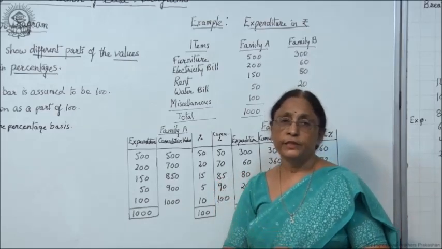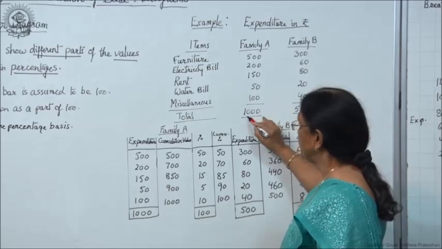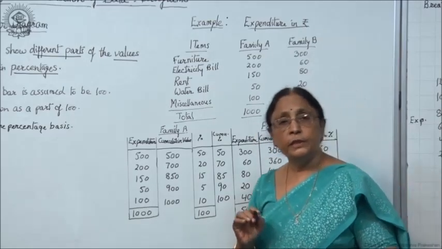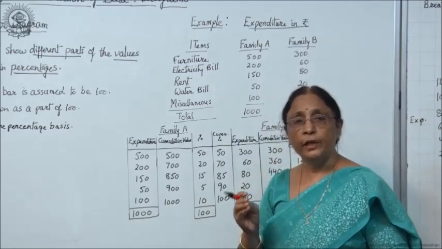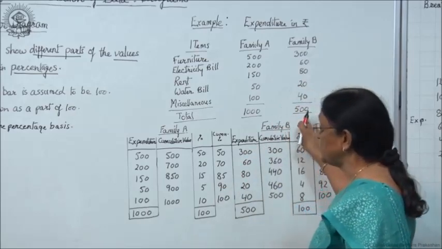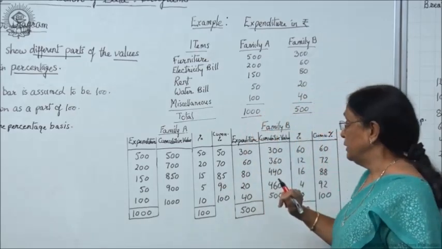Now the total of family A is 1000, whereas family B is 500. That means in a month family A is spending double of family B. Family B is spending 500 rupees per month and family A is spending 1000 rupees per month.